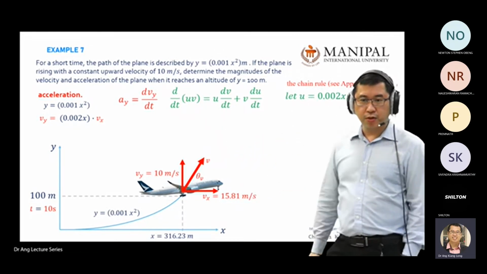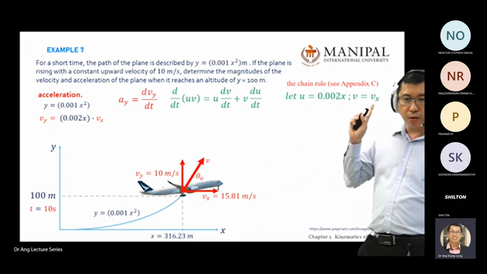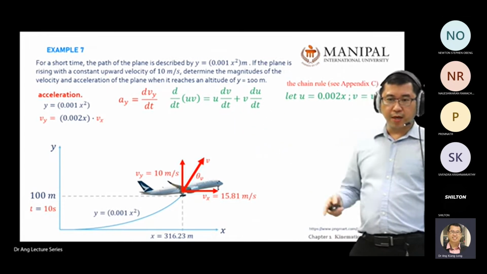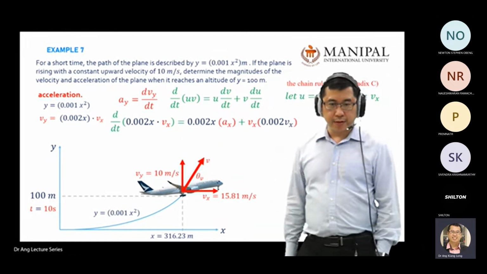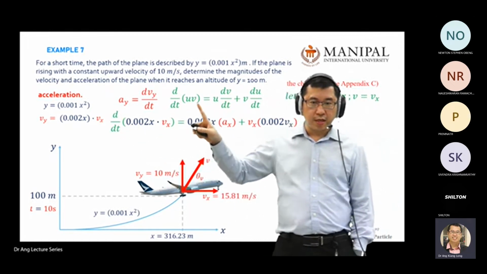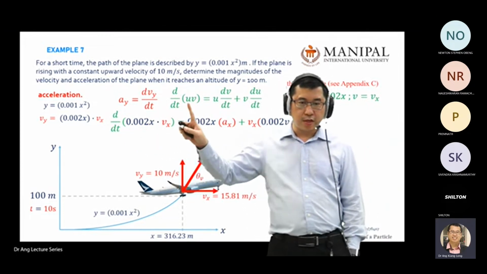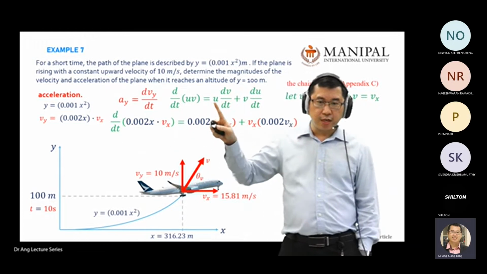You use chain rules. So when you have u equal to this one, v equal to this one, and you do the dv, du, this is the next step. d over dt, your u equals this one because of this equation.